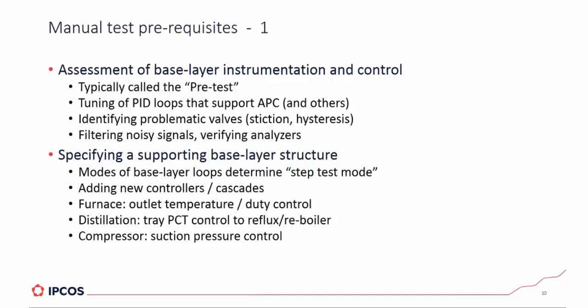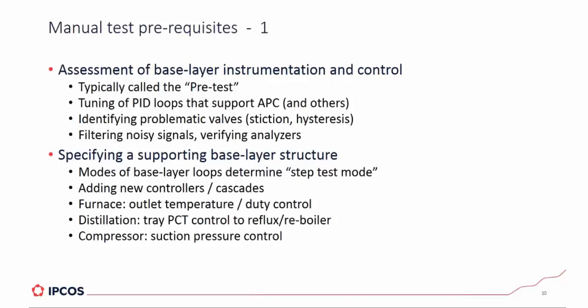Identifying problematic valves, for example, for stiction, hysteresis, filtering some noisy signals, verifying that all the analyzers are working fine. And then we would typically specify supporting base layer structure, typically looking at the modes of the base layer loops to determine the step test mode, which is basically the mode that we will eventually have supporting our APC application.